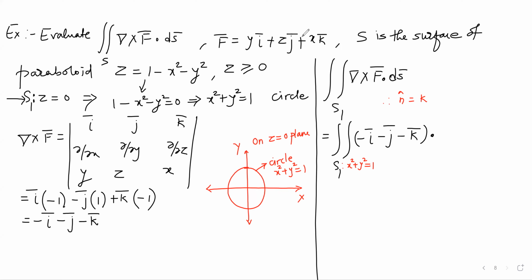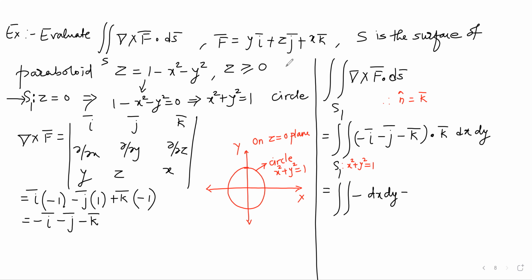Positive z axis, n cap is k bar. So we can write k bar times dx dy, because it lies in a two-dimensional surface, that is the xy plane. When you multiply it, we get minus dx dy.